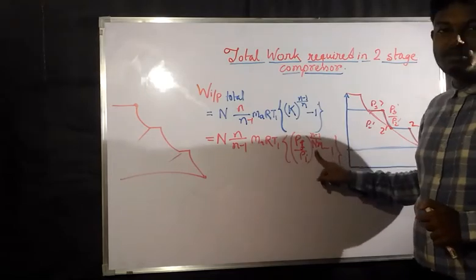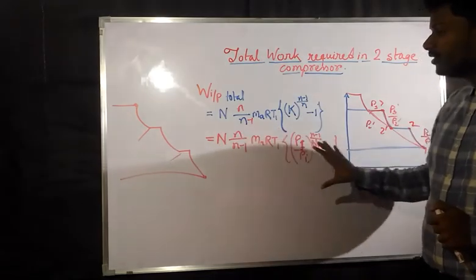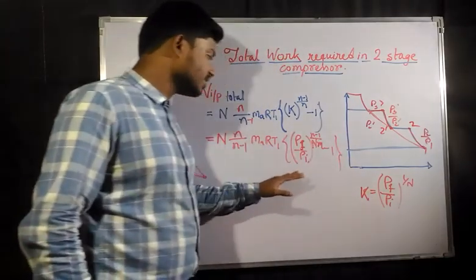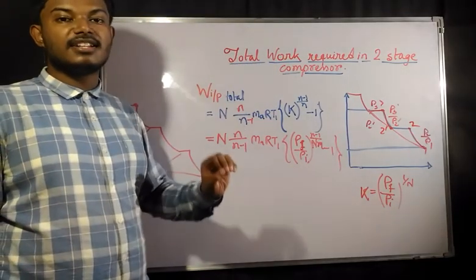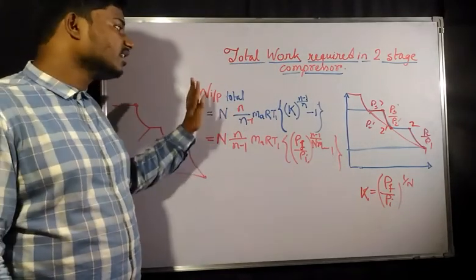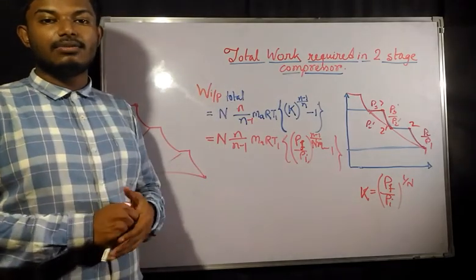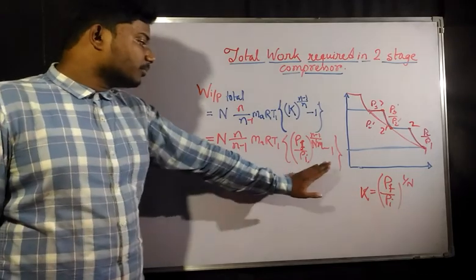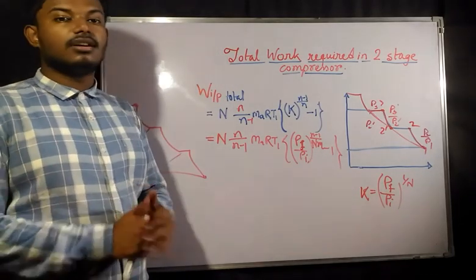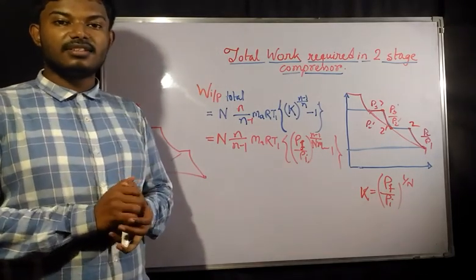The number of stages would be given. So if you put everything in this equation, with the help of final pressure and initial pressure only, you can find what the total work required as input is. So up to this, our reciprocating compressor topic is done.